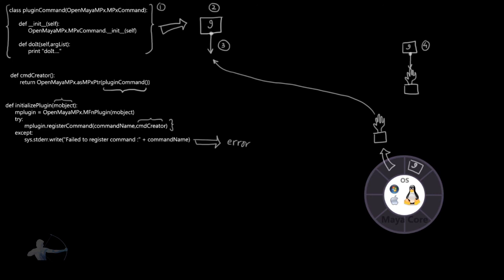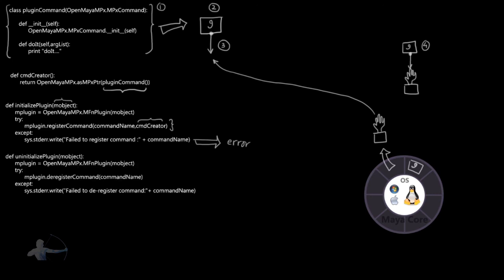And then it's very important to let Maya know that there is an uninitializePlugin function. To uninitialize, we already know that this instance exists here. So we don't need this pointer because it's not in outer space, it's just in Maya core.